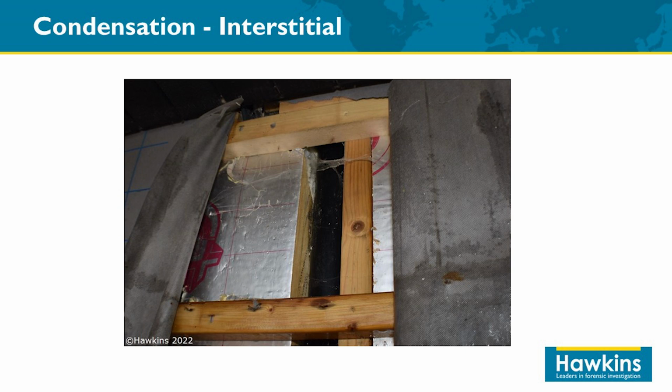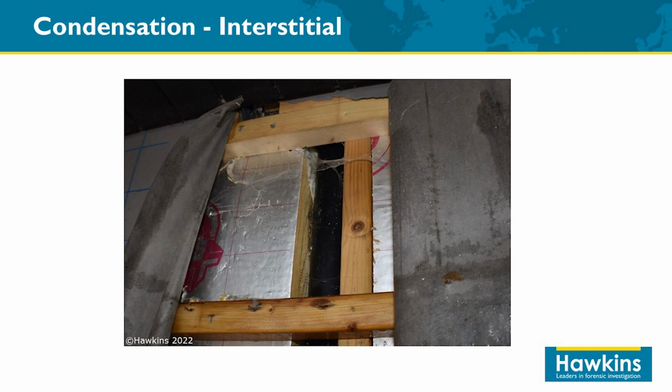As moisture is generated inside the property, it will try and move outwards, through walls and through the roof, and as it moves through, it will cool down. And if it can't escape and isn't ventilated, it will then condense on a layer somewhere within the building envelope, so within the roof or the walls, and this can then create damp and mould within the building itself, and it's difficult to diagnose and difficult to get rid of.